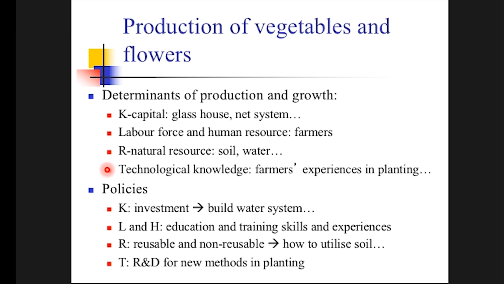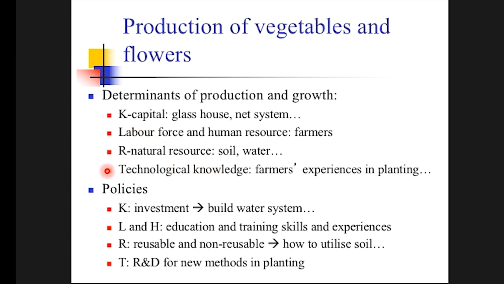We need to use the farmer's experience in planting: what time to plant, what time for watering, etc. This knowledge is called technological knowledge. The use of knowledge or experience is called technological knowledge.